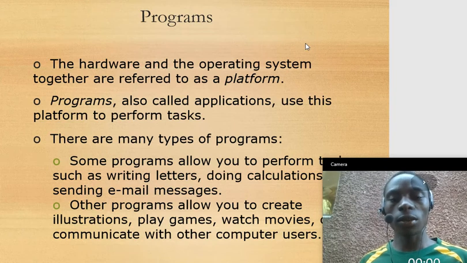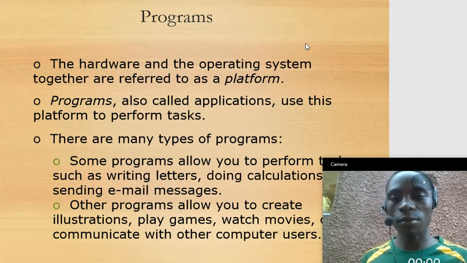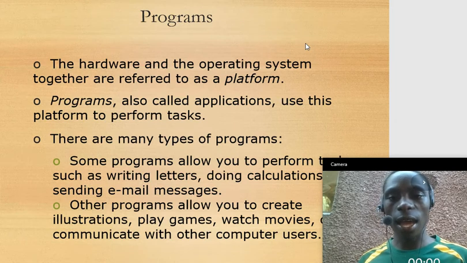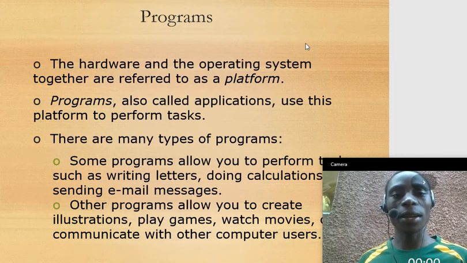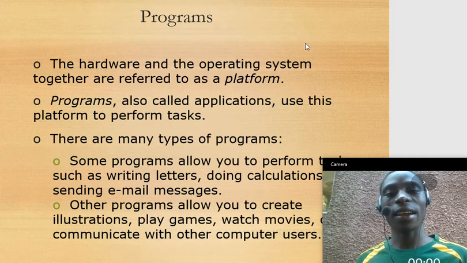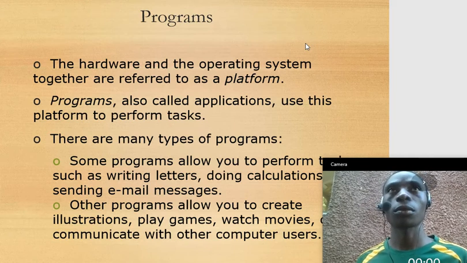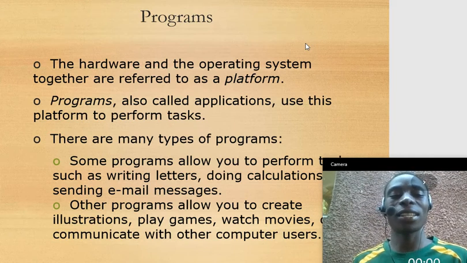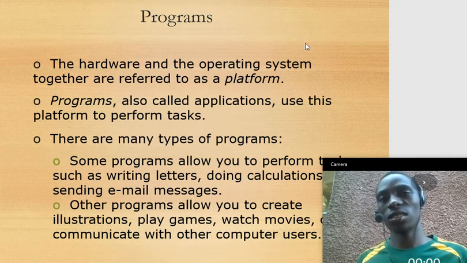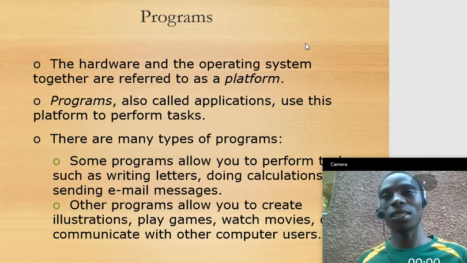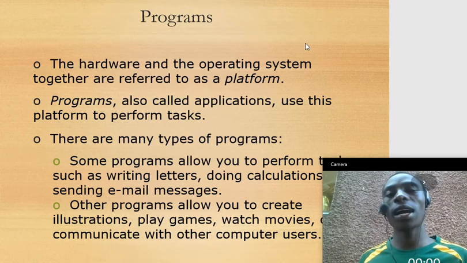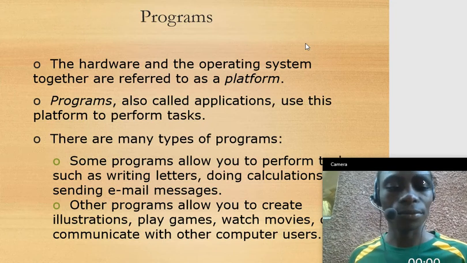Let's jump to this slide that is talking about programs. The hardware and the operating system together are referred to as a platform. Like I said, the pitch is a platform where football can be played from.